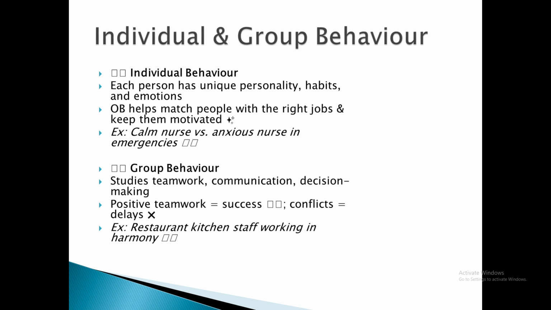But if poor teamwork is there, what will result? Angry customers. Another example I can give is cricket teams. If the captain, bowlers, and batsmen have different roles, then OB helps to manage the various kinds of conflicts which can arise, motivate players and create trust.